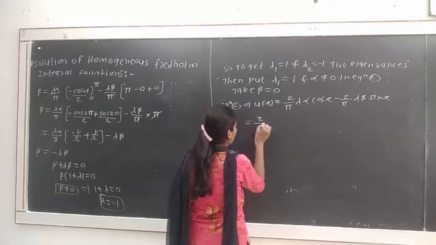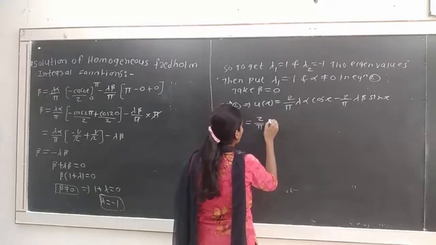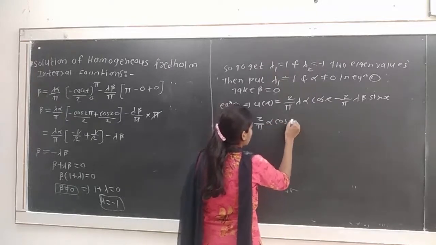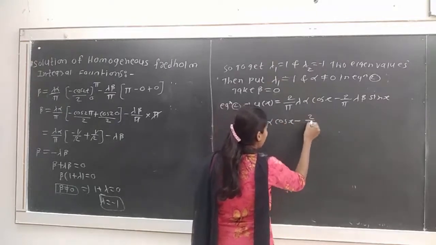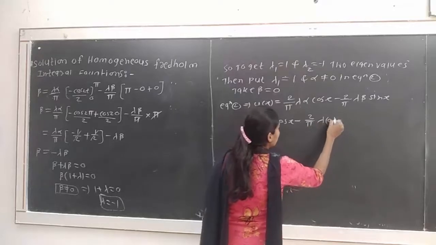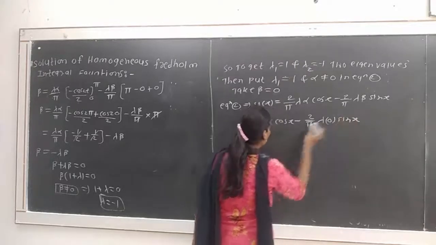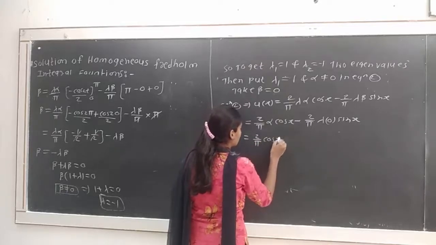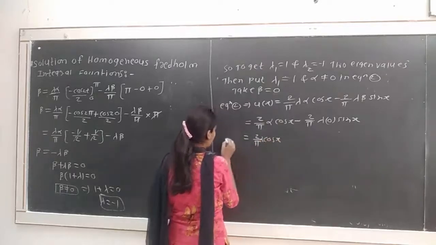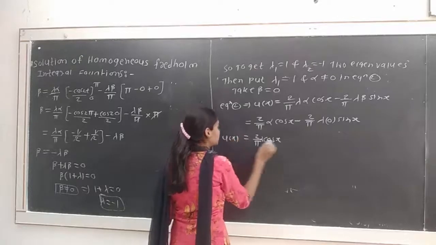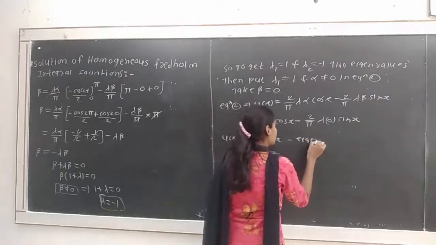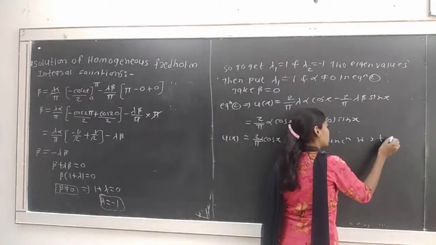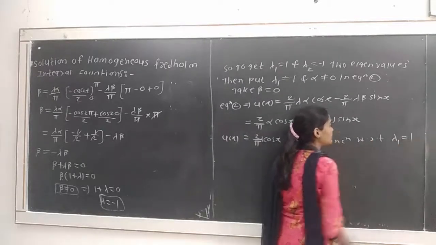So we get 2 by pi lambda, where lambda will be 1. So here 2 by pi alpha cos x minus 2 by pi lambda 0 sin x, as beta will be 0. So we get 2 by pi alpha cos x. This is the eigenfunction with respect to lambda 1 is equal to 1.